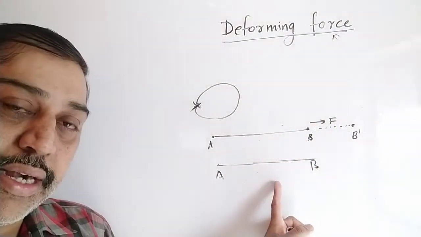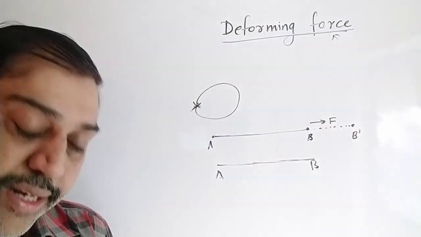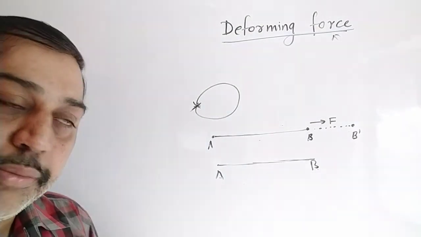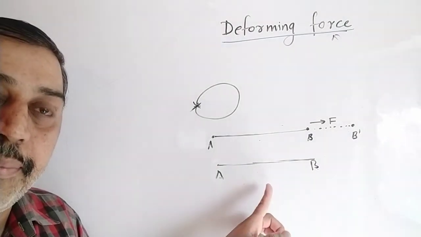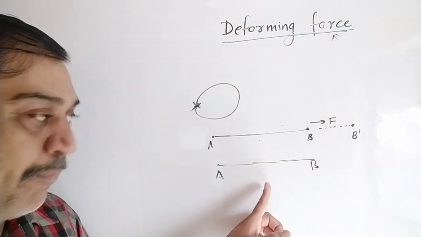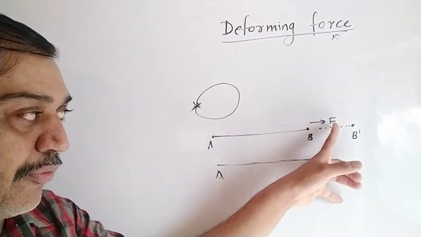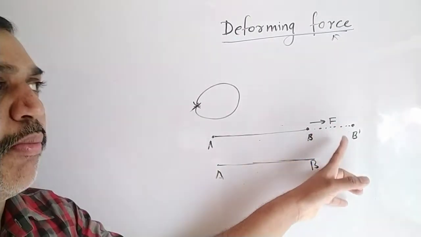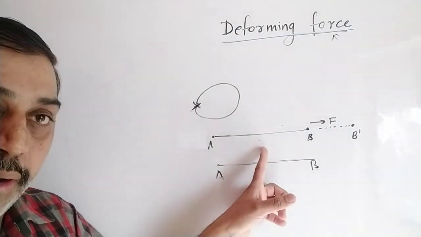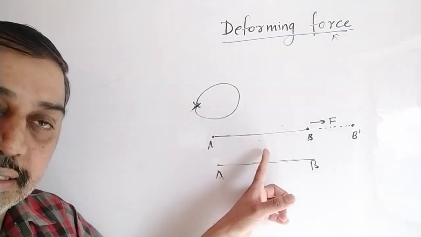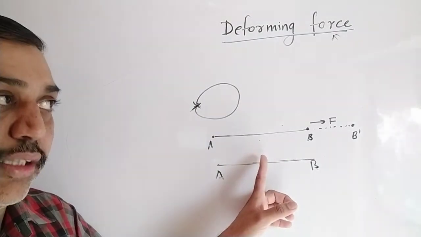And this is a property of elastic materials, or elastic bodies. So rubber is said to be elastic, and that property is said to be elasticity. After removing the external applied force or deforming force, if a body regains its original shape and size 100%, then that property is said to be elasticity, and these are said to be elastic bodies.